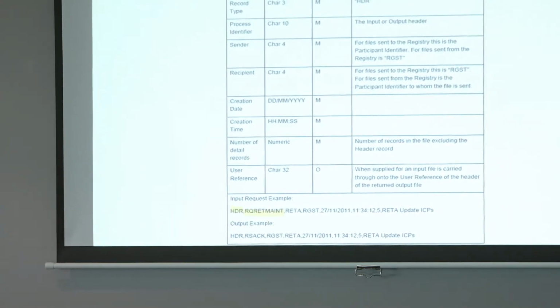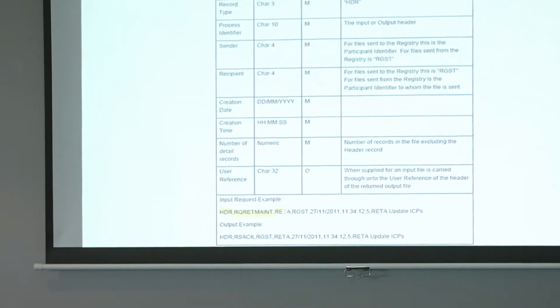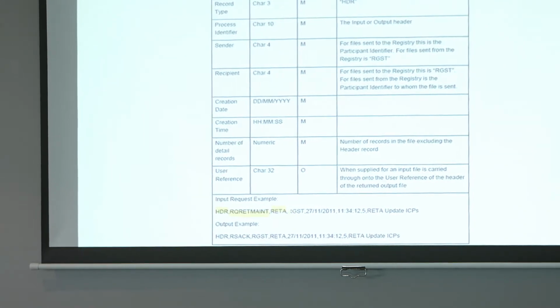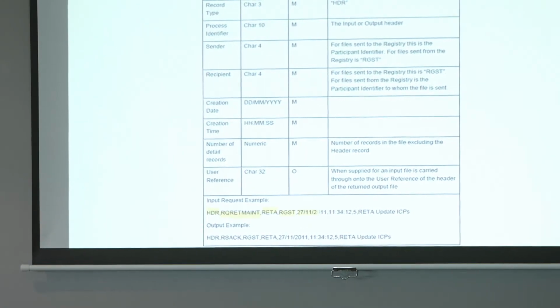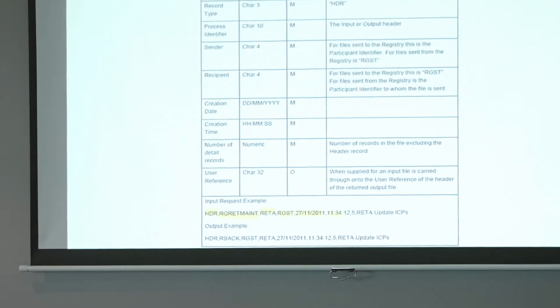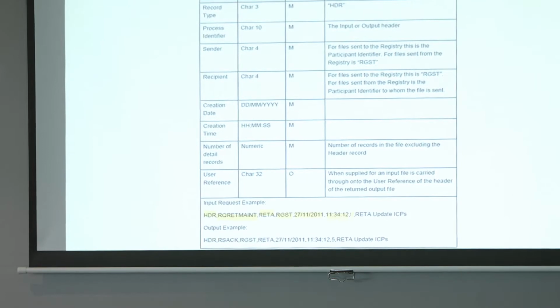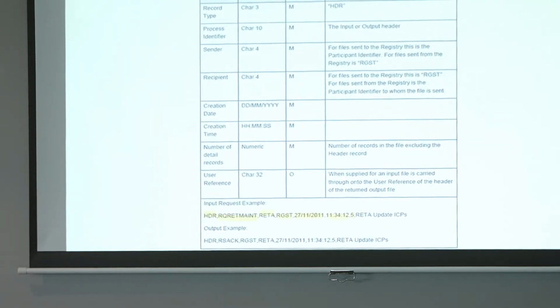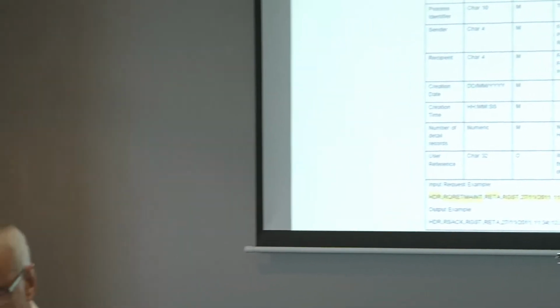So obviously this is some trader doing maintenance of the ICP information, and it's being sent by ret A to RGST, that's the registry. And here's the date and the time when it's being sent. And the number 5 is the number of ICPs that are being maintained. And then there's an optional comment here about what it's all about. Ret A is updating some ICPs. So that's the format of the header record.